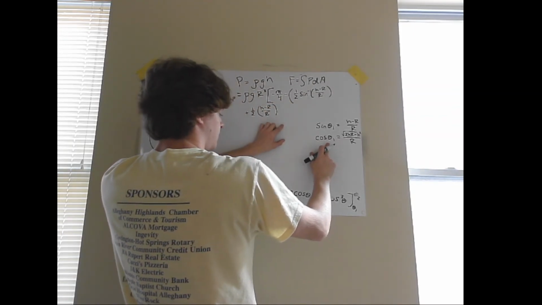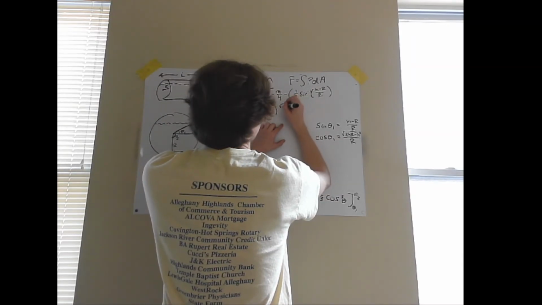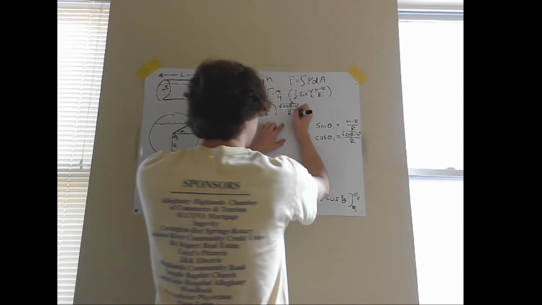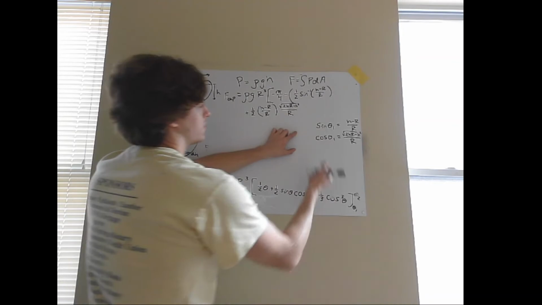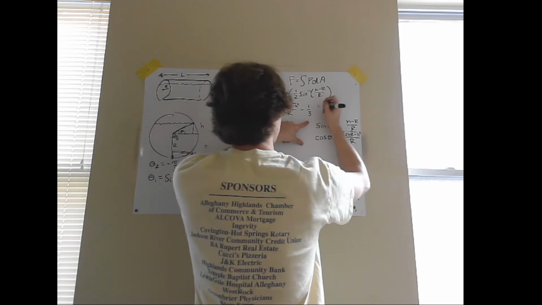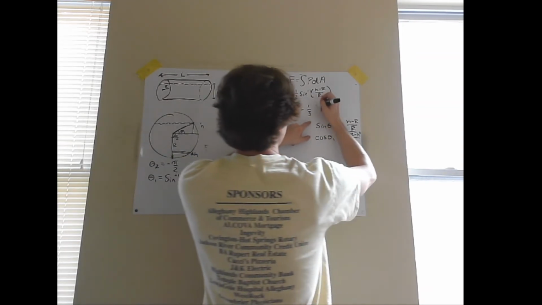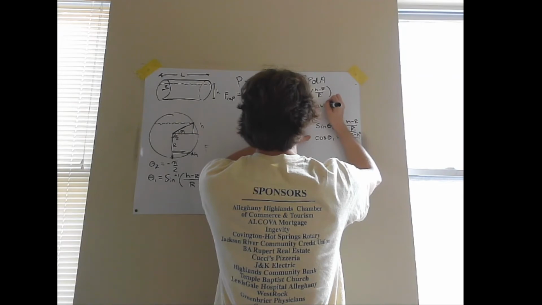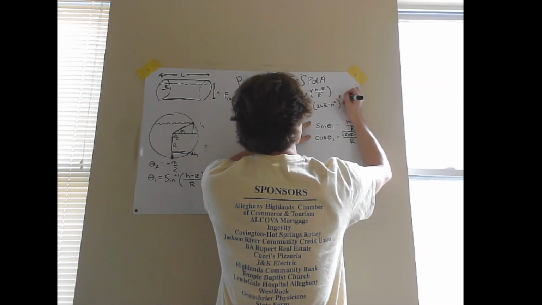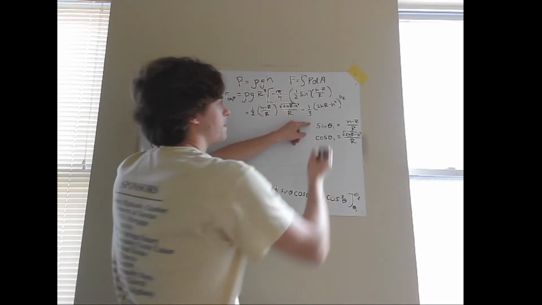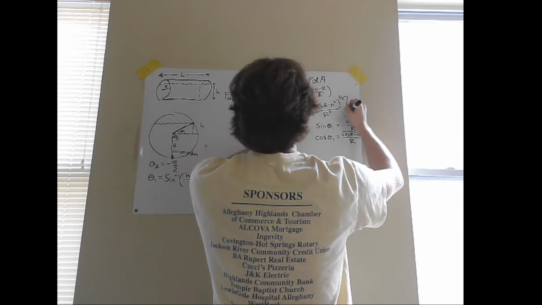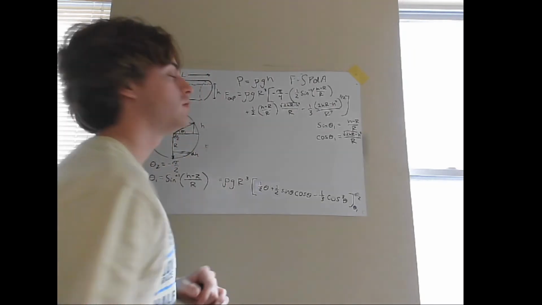Cosine of theta1 is the square root of 2hr minus h squared over r, and then minus 1/3 cosine cubed theta. So cosine cubed theta is just this expression cubed. So we're going to have 2hr minus h squared all raised to the 3 over 2 over r cubed. So this is the expression for the force on the cap.